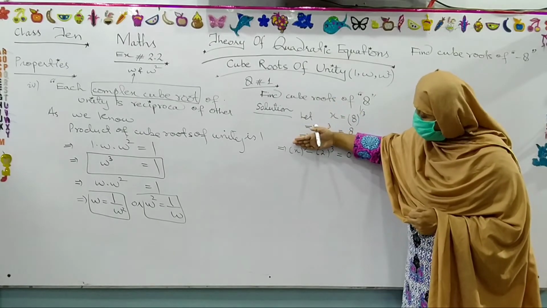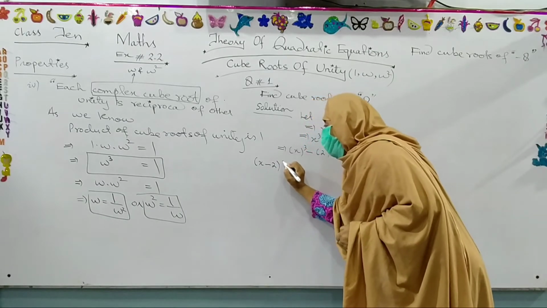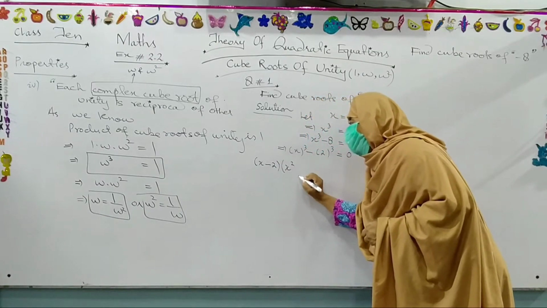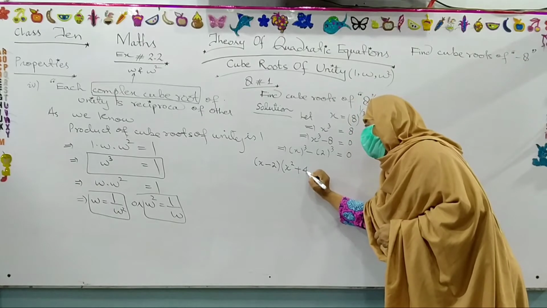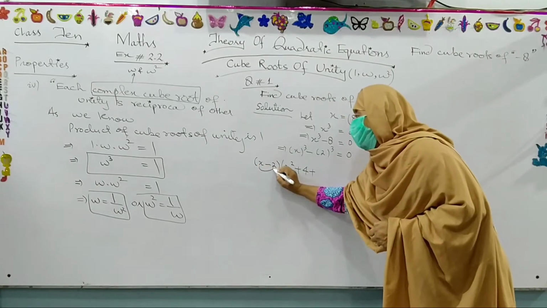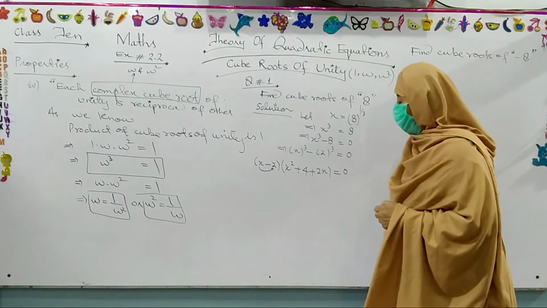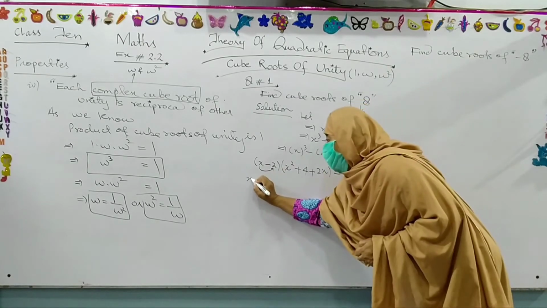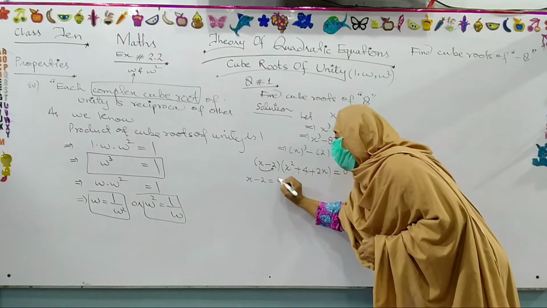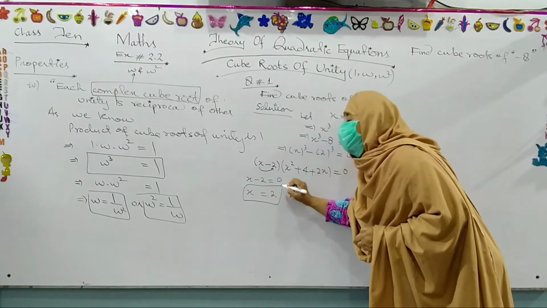What is it? The first bracket is x minus 2. What will be next? First bracket square plus second bracket square plus product of the two brackets, which will be 2x, is equal to 0. One time I will say x minus 2 is equal to 0. So my first cube root is 2 and this is a real root.